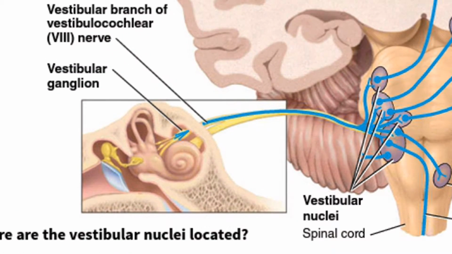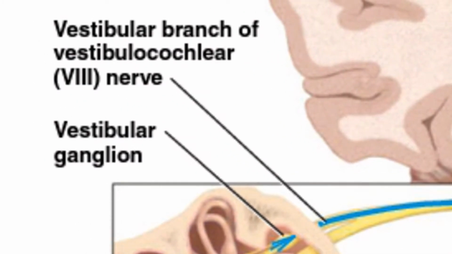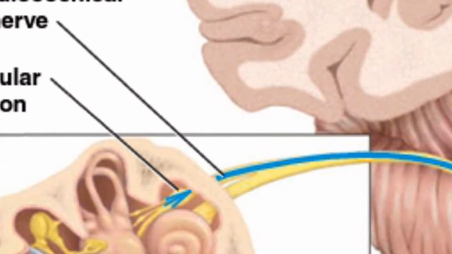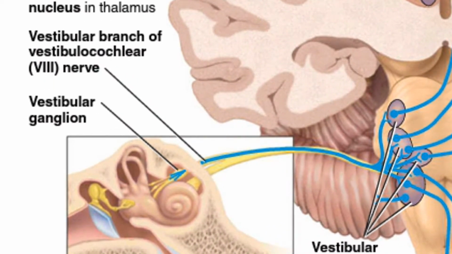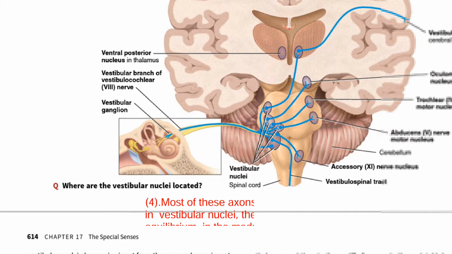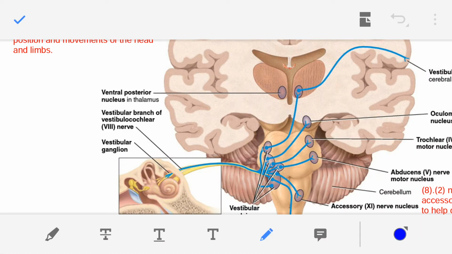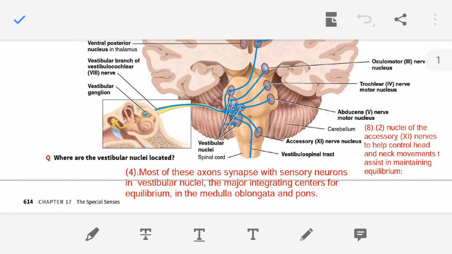Then you see with the blue color, what they are showing: the vestibular branch of the vestibulocochlear nerve. So where is this branch going now? We can understand that this branch is sending the nerve impulse regarding equilibrium to the brain centers. So which are the brain centers?